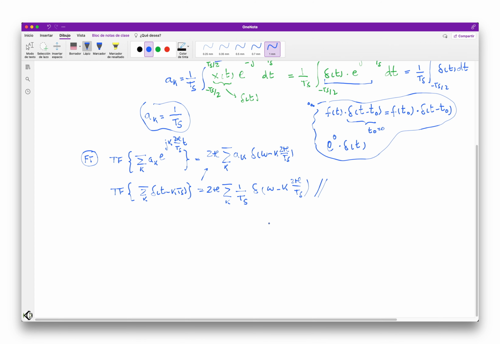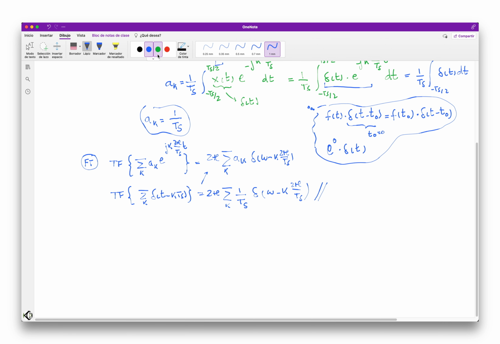But let's sketch it to get familiar with it. The Fourier transform, then, as it says in this expression, will be a function in omega. And you can see it's also a train of deltas, as I am drawing over here, that goes all over to the right and to the left, to minus infinity.